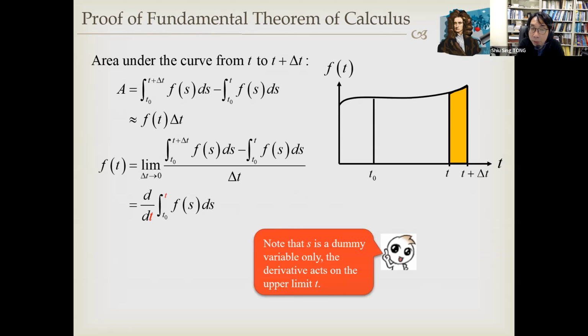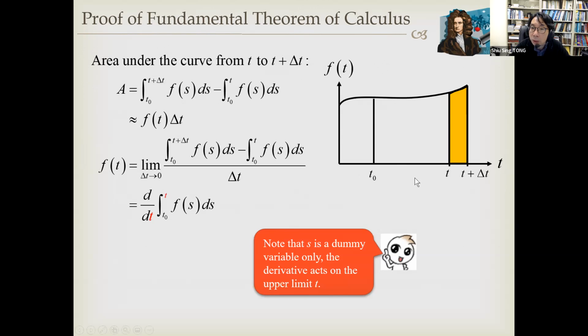We know the starting point and the ending point. Now we consider the function f as a function of t. We start from a fixed point, which we call t naught, and I integrate from t naught to a certain t. So that gives you this area.